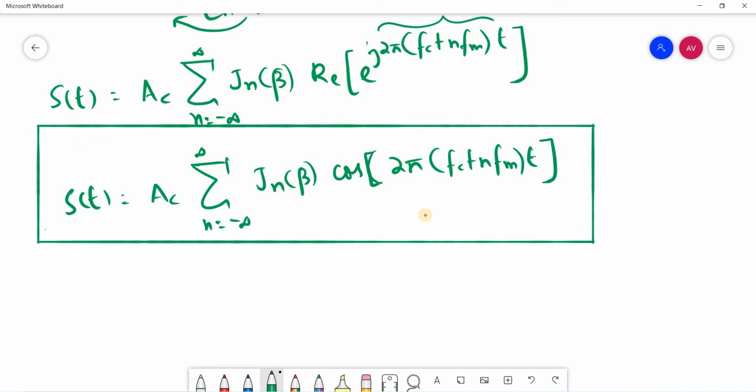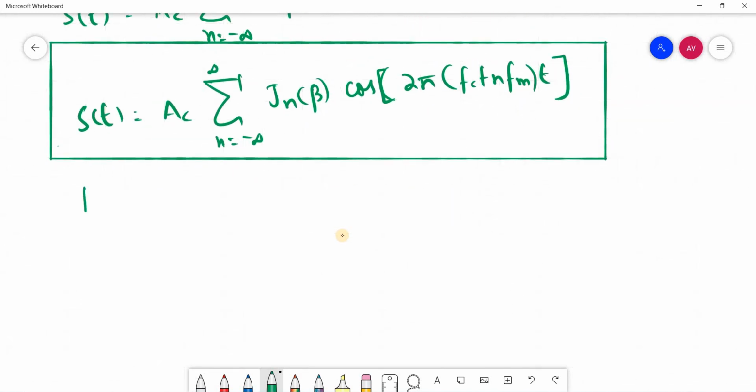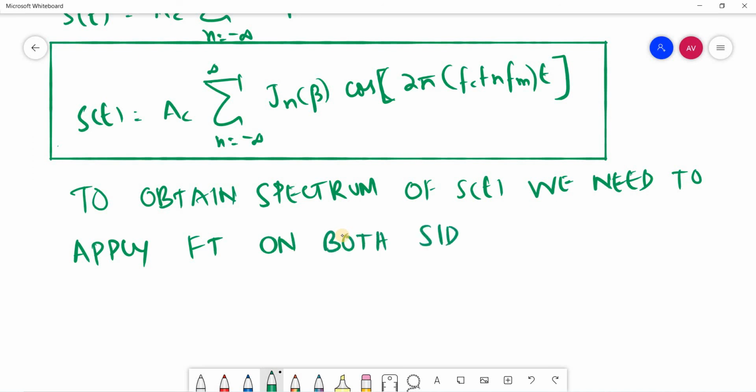Now what we need to do is find the spectrum of this. For that we can apply Fourier transform on both sides. So to obtain the spectrum of S of t, we need to apply Fourier transform on both sides.